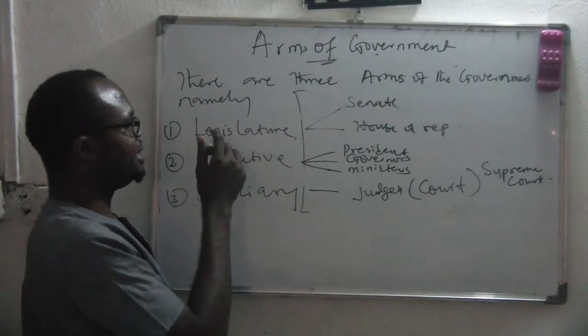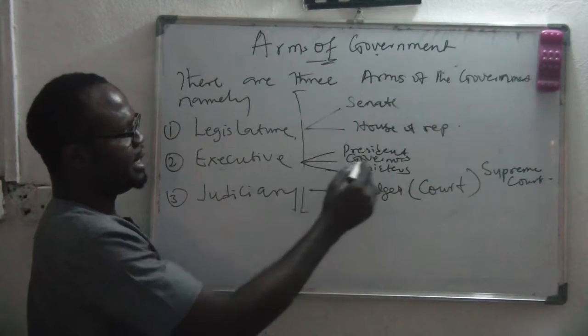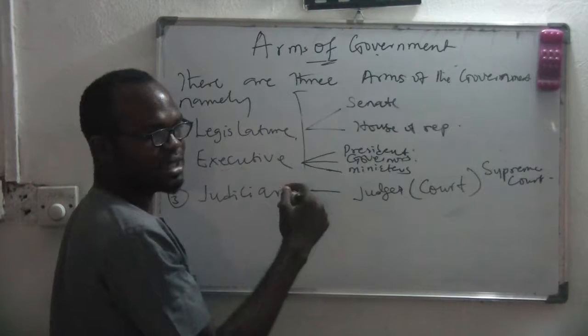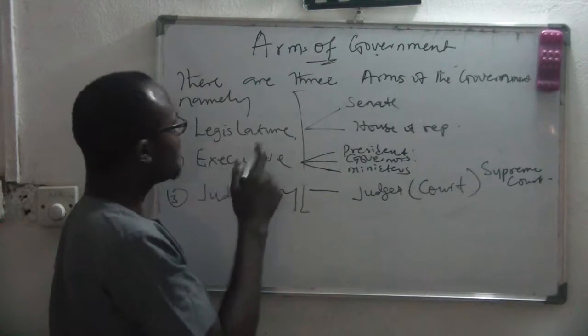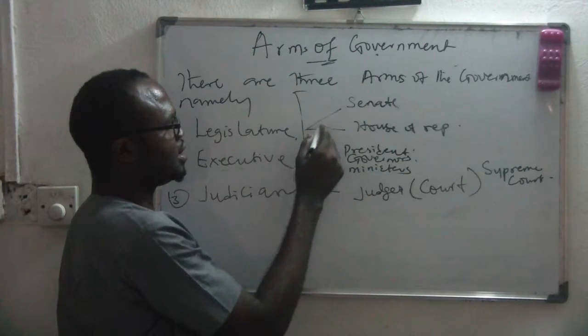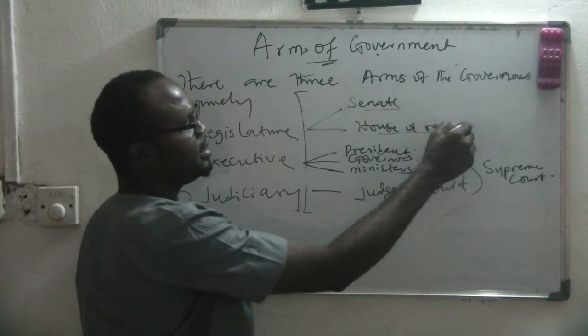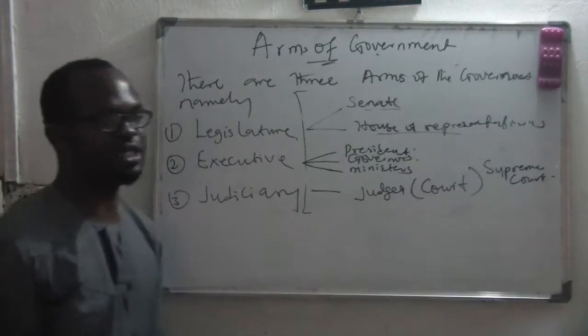The executive, which is number one, consists of the president, the governors, and the ministers, and other people too. The legislature consists of the Senate and the House of Representative members.